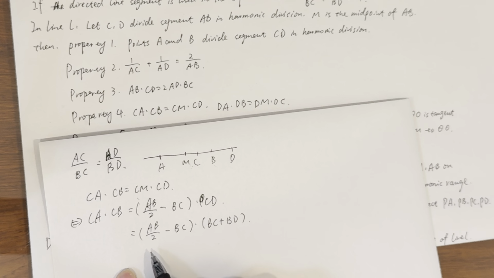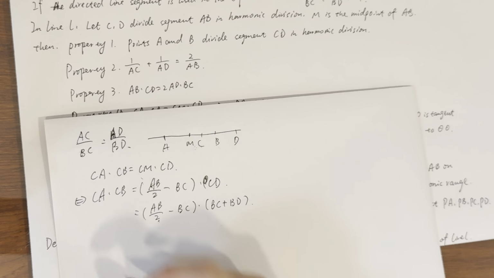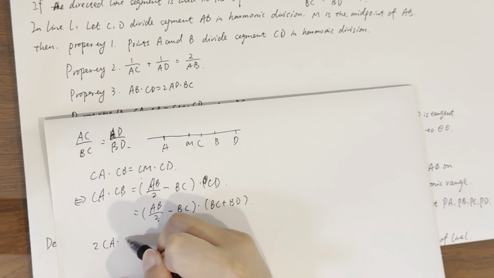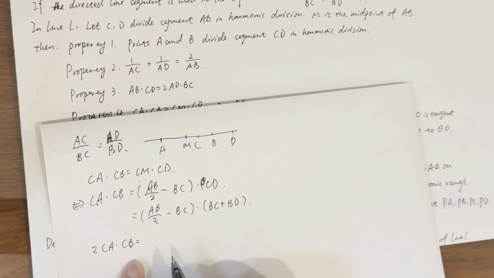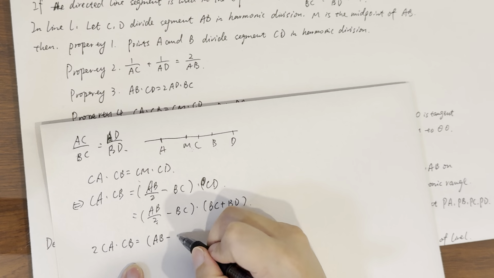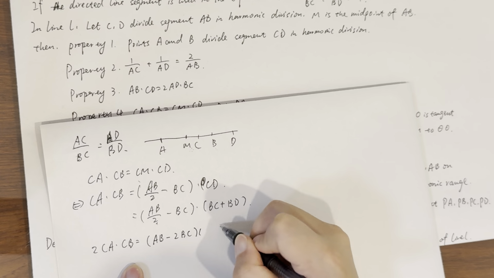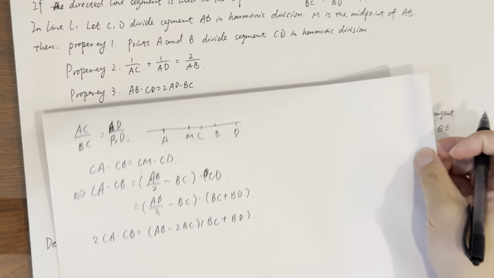Yeah, so we multiply this by 2 to the left side. So basically we want to prove that twice CA times CB equals (AB minus 2BC) times (BC plus BD), right?